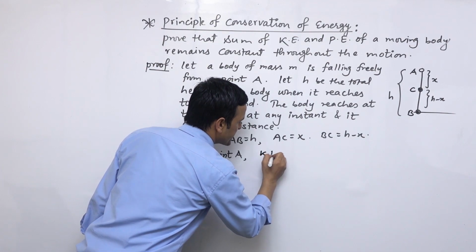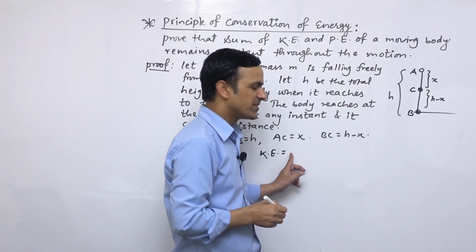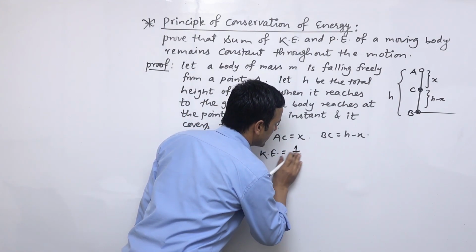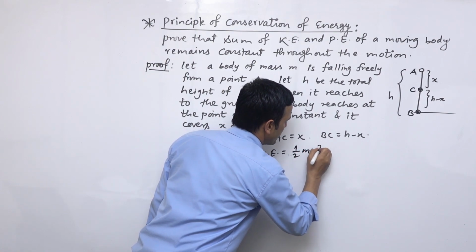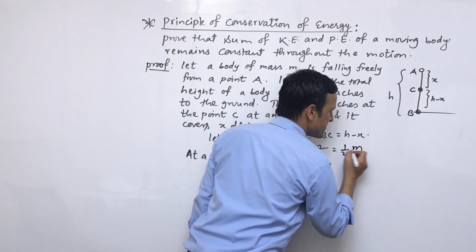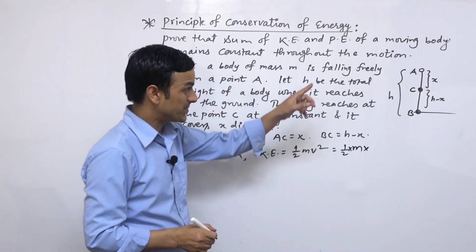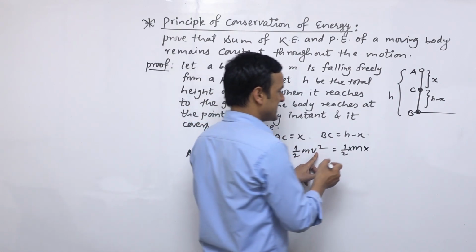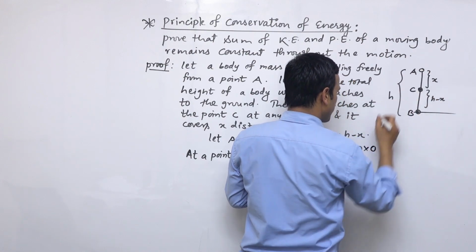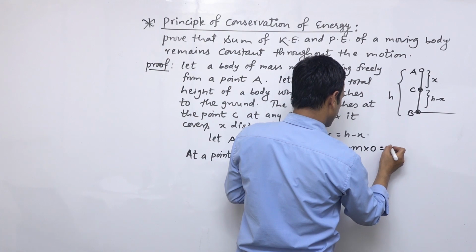Kinetic energy is half mv square, half into mass into velocity square, it is the formula. It has some mass, and its initial velocity is 0, since it starts from here, so we take the velocity as 0.